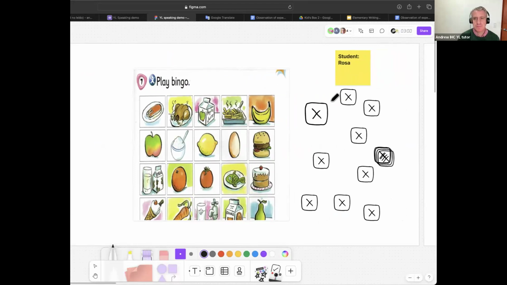Okay, tell me which column you want. One, two, three, or four? Rosa. Which column? Just tell me which column you're going to choose. Number 3.